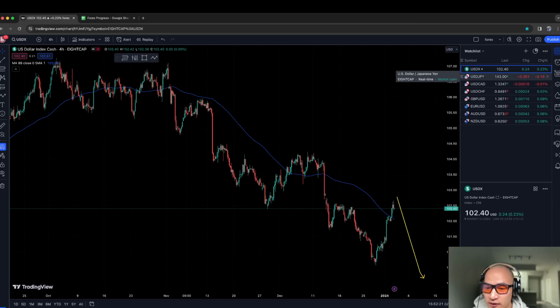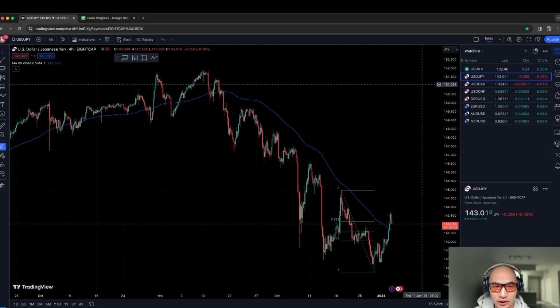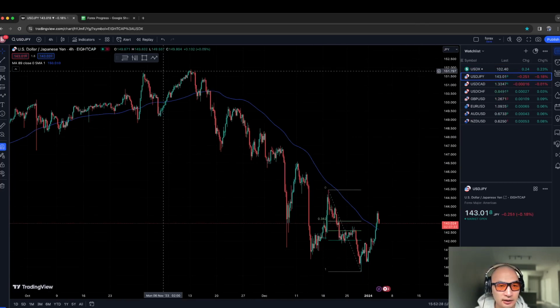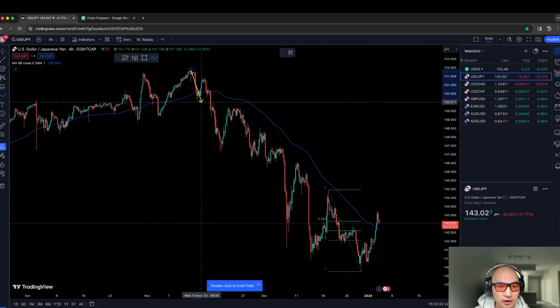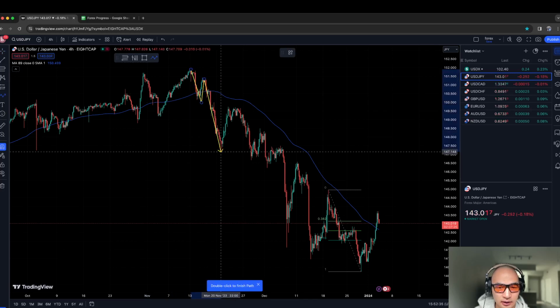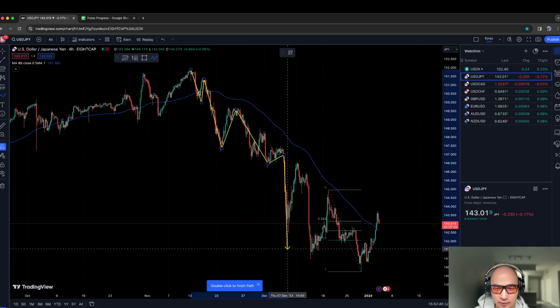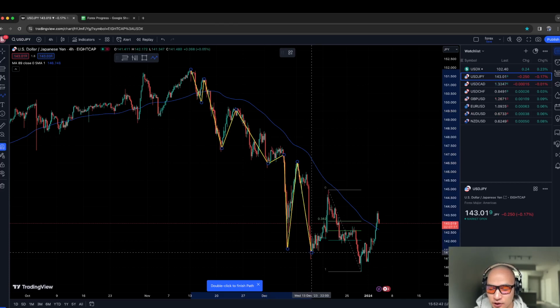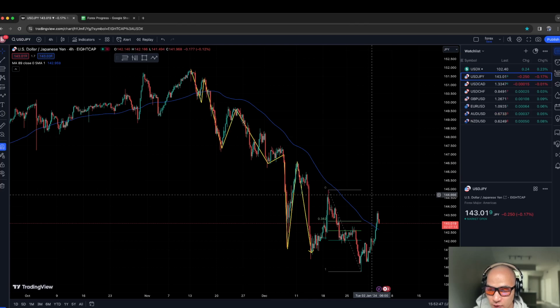Okay, now let's take a look at USD Japanese yen. We see a very nice downtrend, going up and down like this, and still I assume it will continue to go down. So if the fact that the dollar is weakening is still true and the market is faking out, then USD Japanese yen nicely corresponds to that.